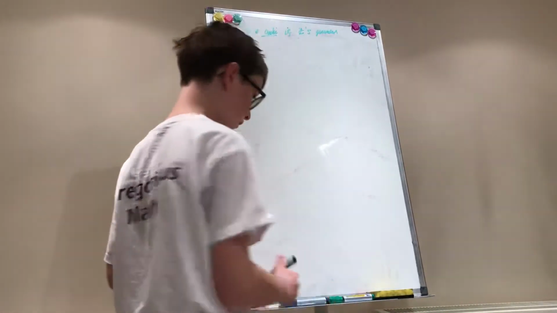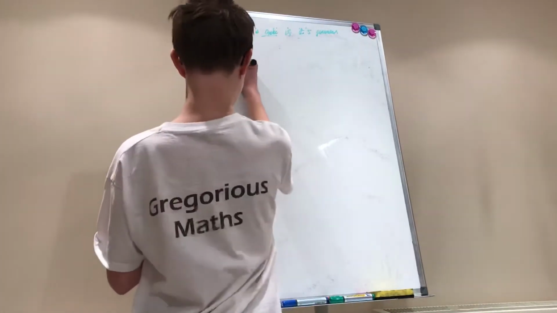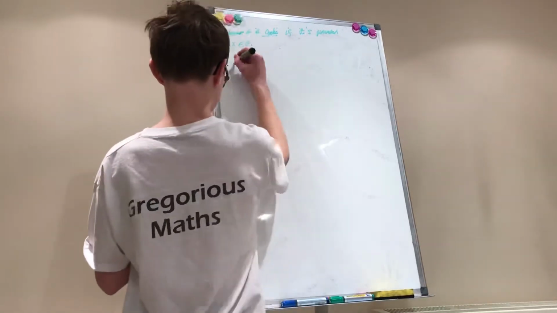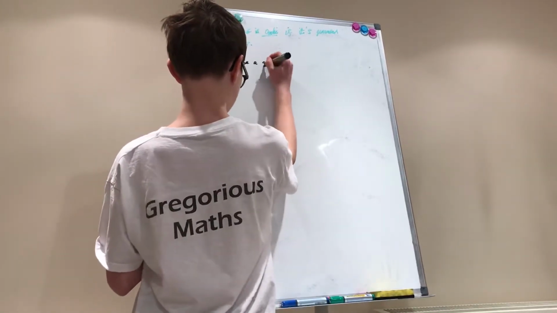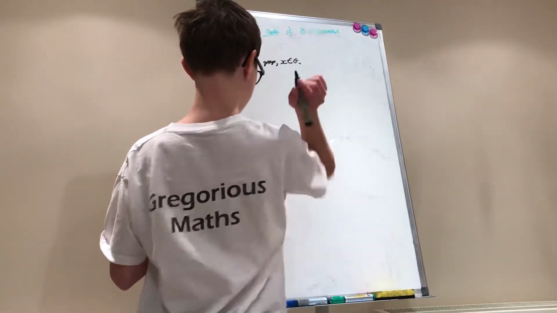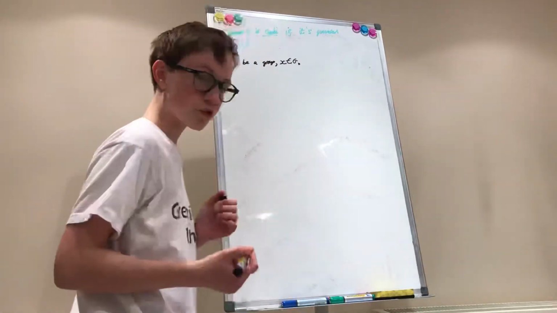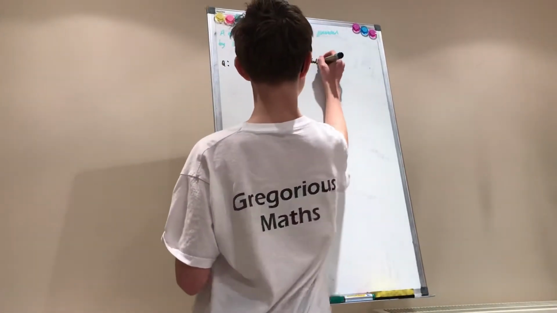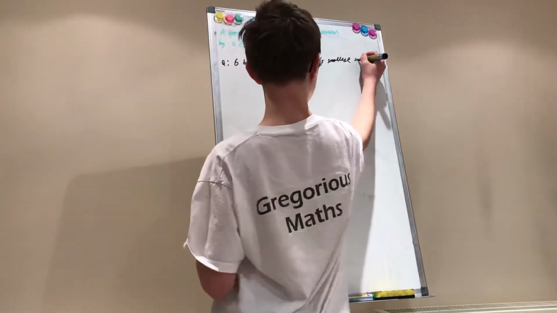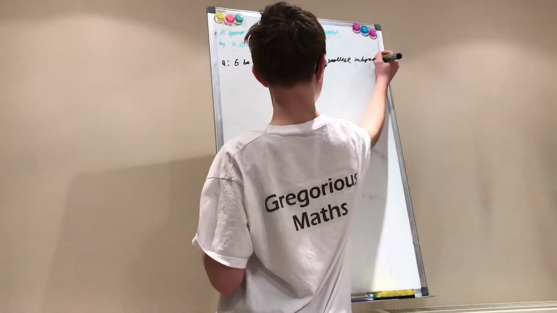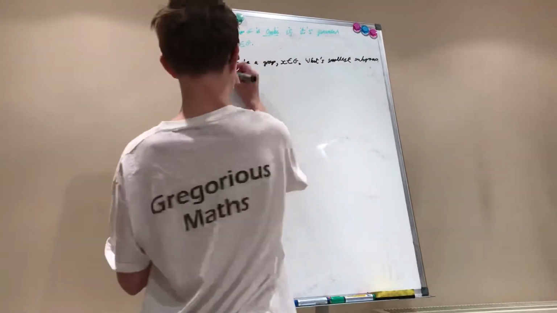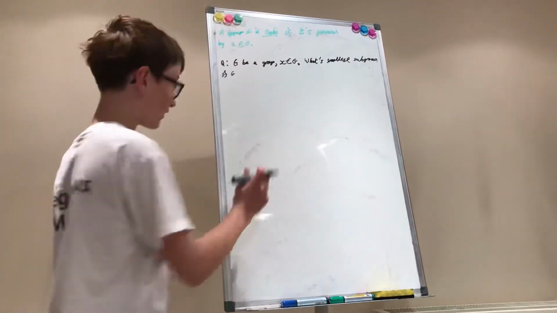Well, let me just ask you a question. Let G be a group and X be in G. What's the smallest subgroup of G that contains X?